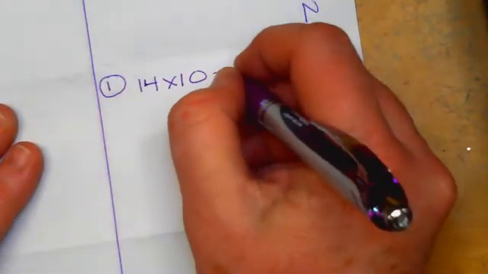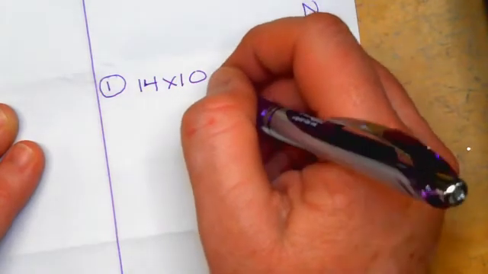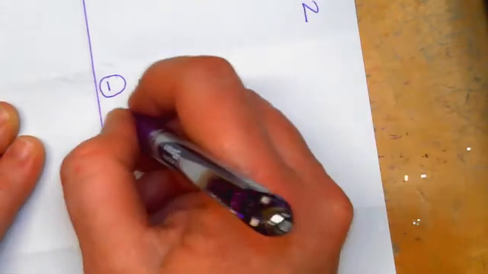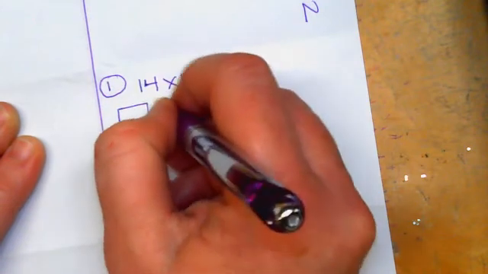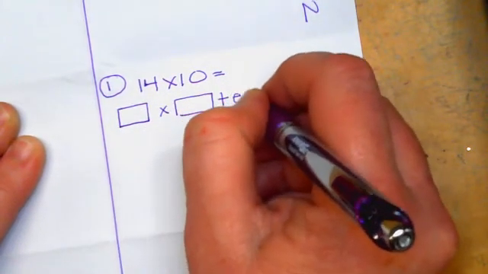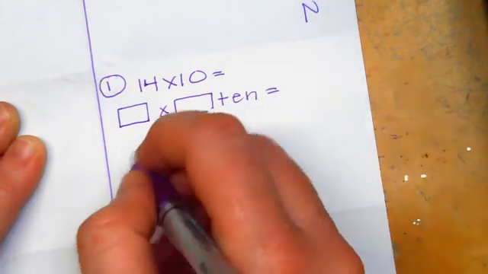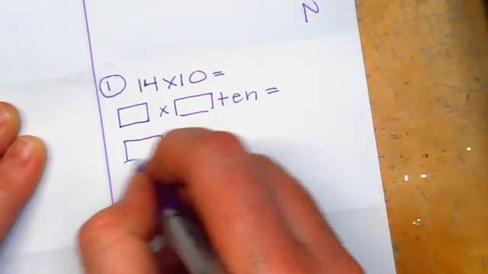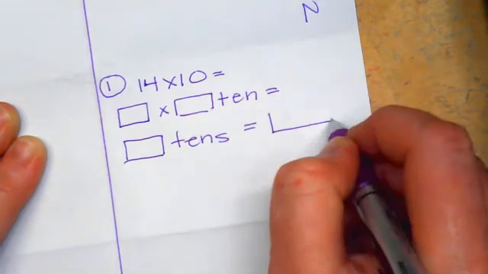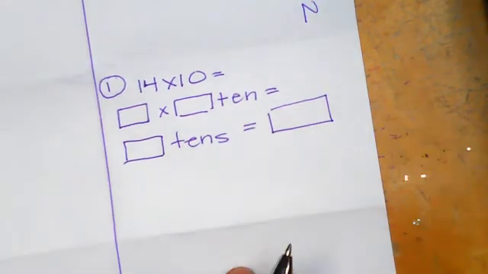So if I have 14 times 10, that equals green box times green box 10, that equals green box tens, and that equals green box.